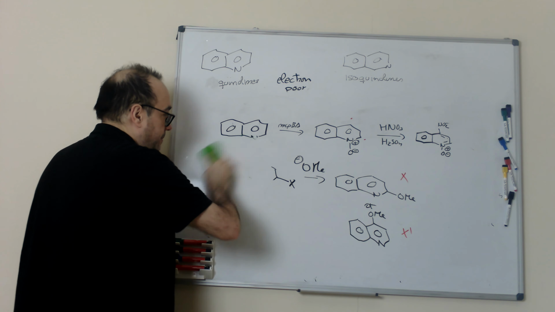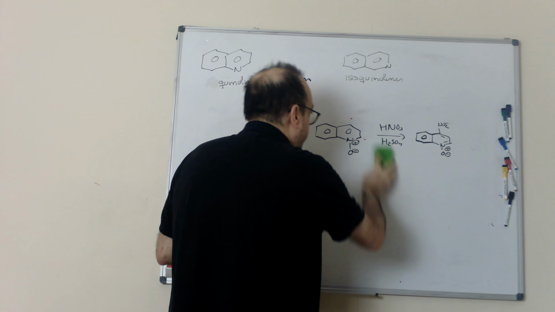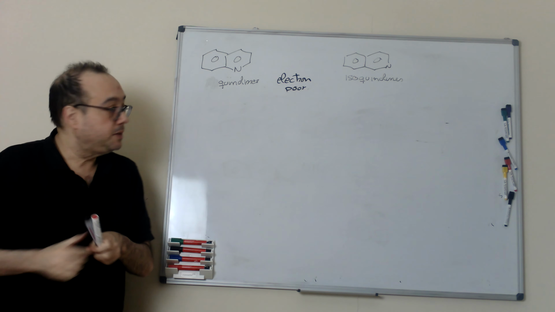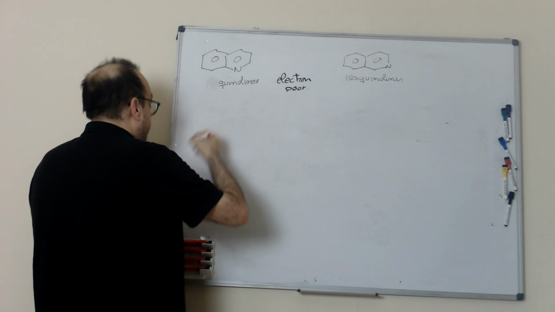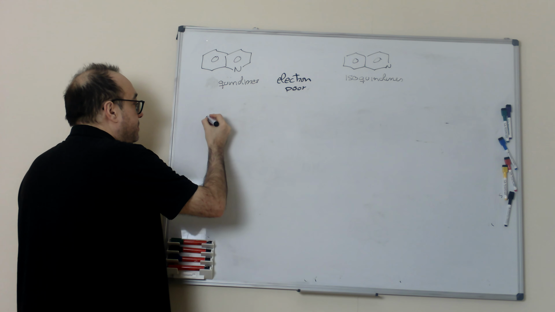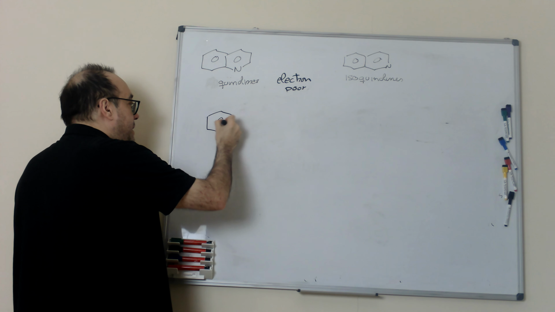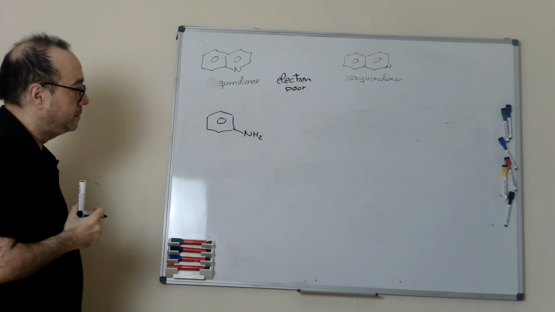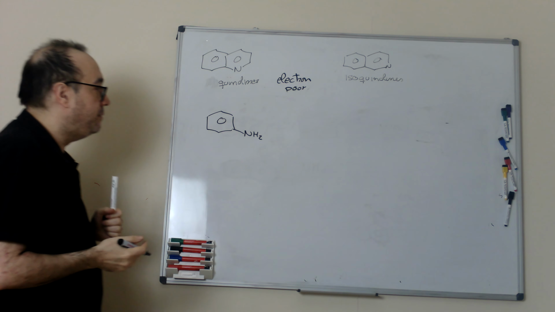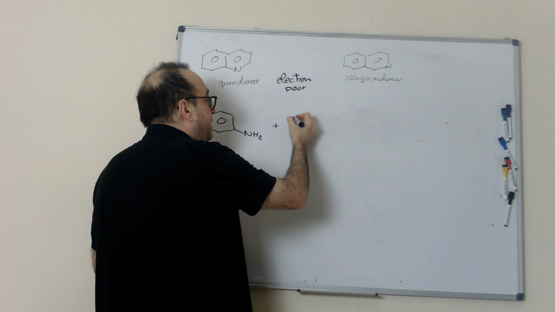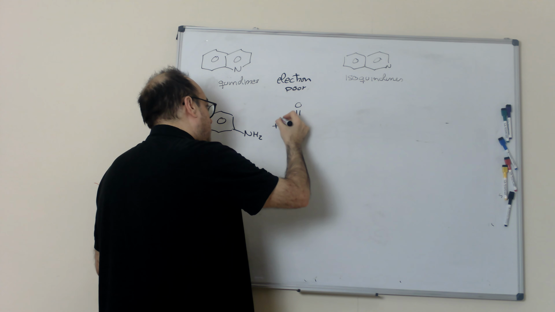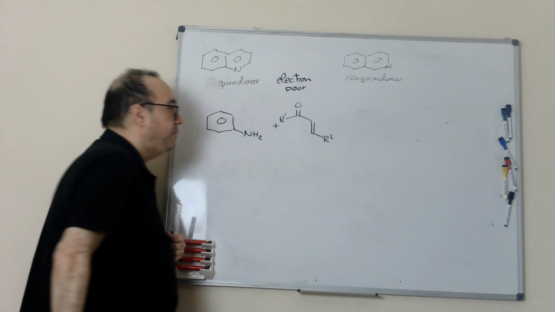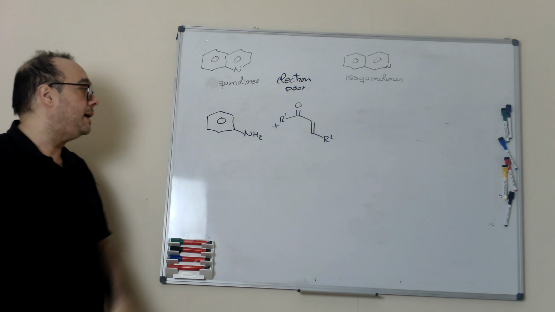How can we synthesize these compounds? Well, the synthesis of these compounds in the case of quinolines, what we can do is we start from an aniline, and basically we need to add an alpha,beta-unsaturated ketone, or it could be an aldehyde.